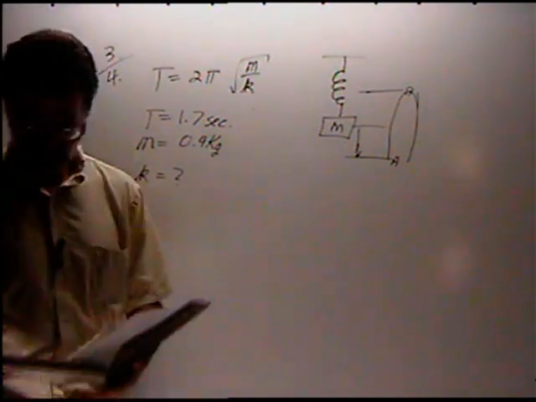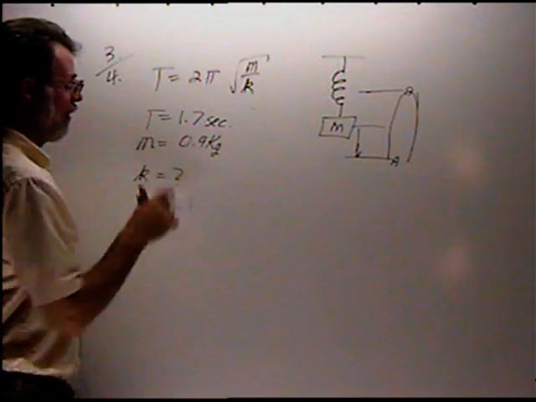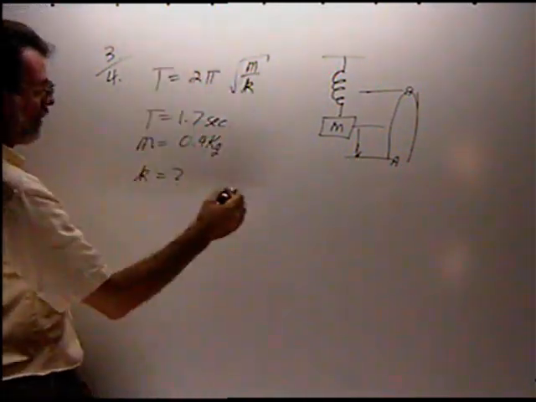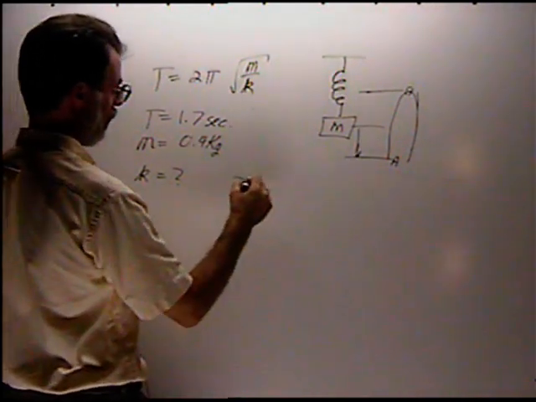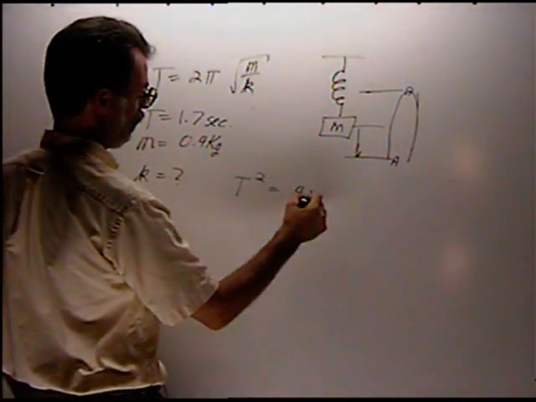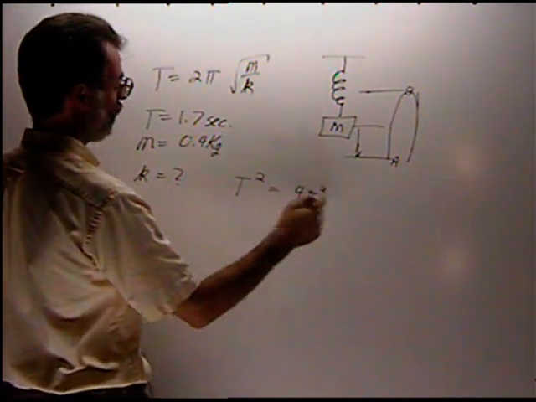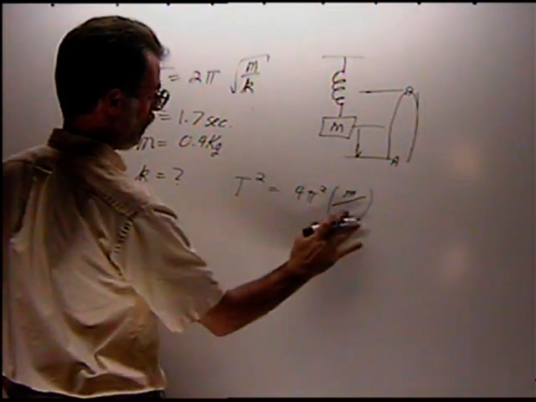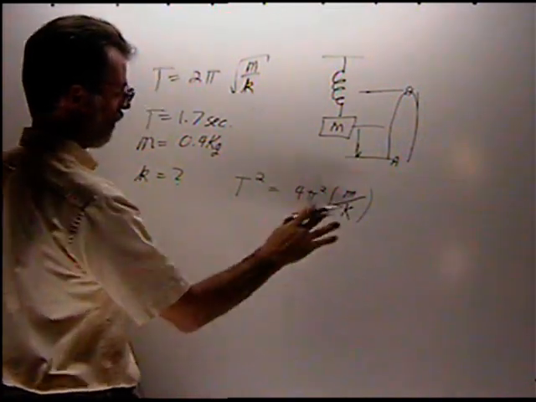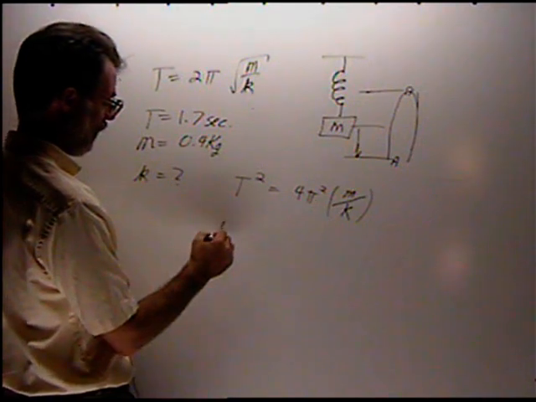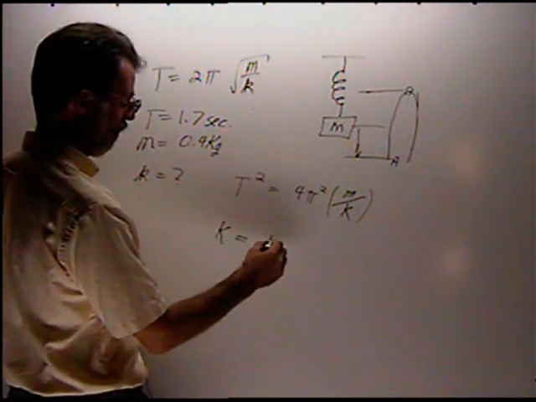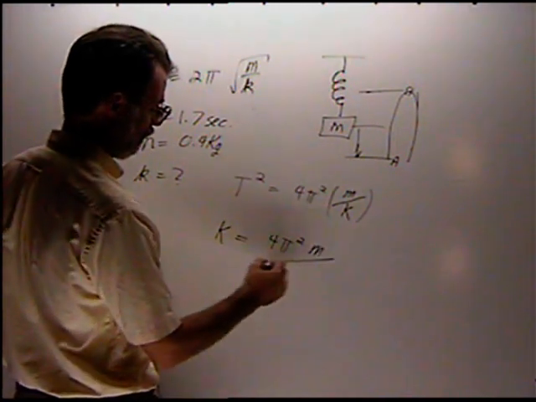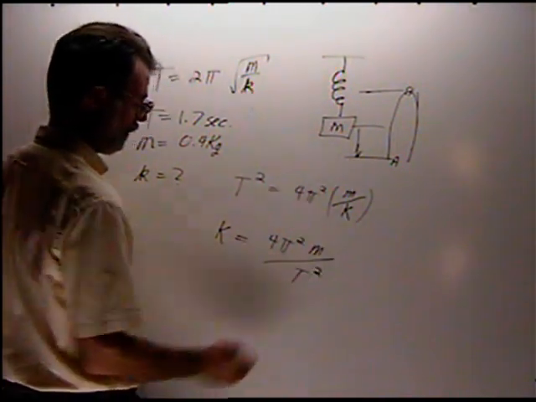What is this mass? Well, how would you figure that out? You simply rearrange your formula here. If I square both sides, I would get T squared equals 4 pi squared times m over k, and if I solve for k, I would get k equals 4 pi squared m divided by T squared.